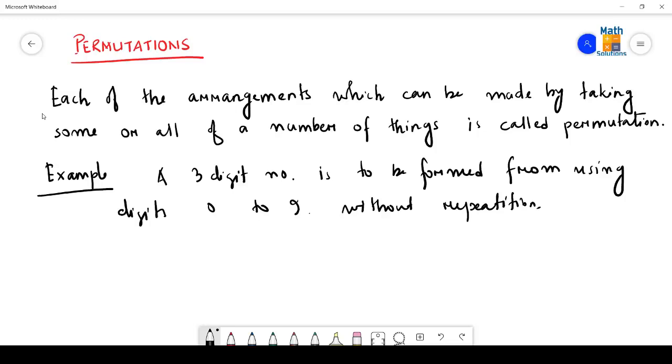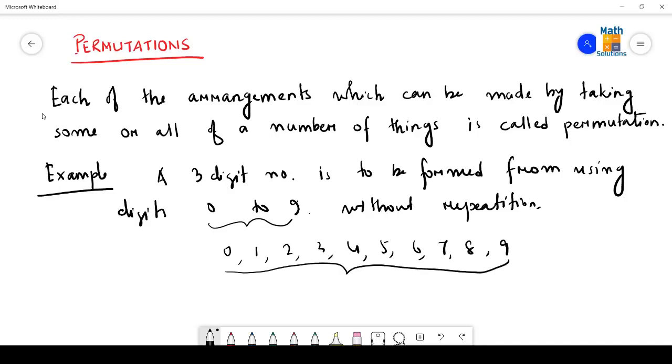So here in this case, the total number of digits given is 0 to 9. That means 0, 1, 2, 3, 4, 5, 6, 7, 8 and 9. So in total, how many digits do we have here? In total, there are 10 digits. We have to construct a 3-digit number using these 10 digits.